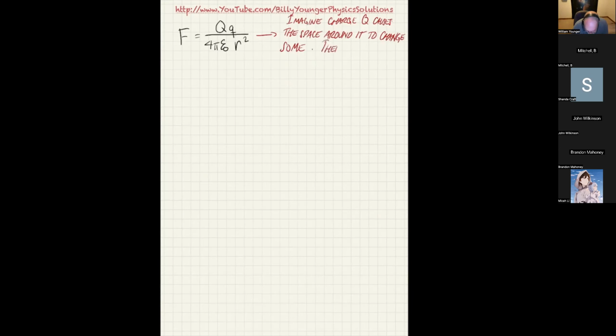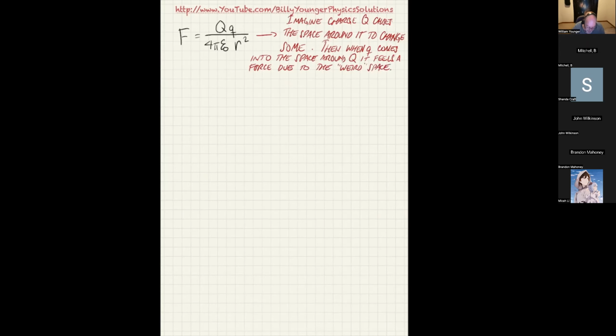Then when little q comes into the space around Q, it feels a force due to the weird space.